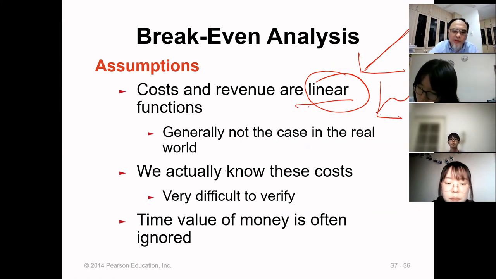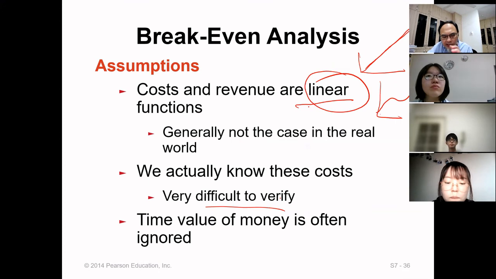We actually know the cost, but it's very difficult to verify. But it's the best estimate. It is better to have some assumption close to actual than to have no assumption. No numbers, how to calculate?